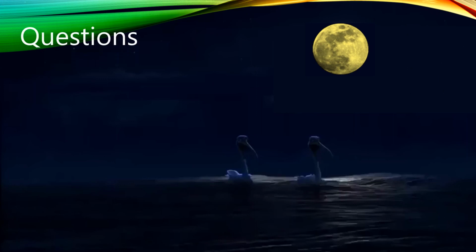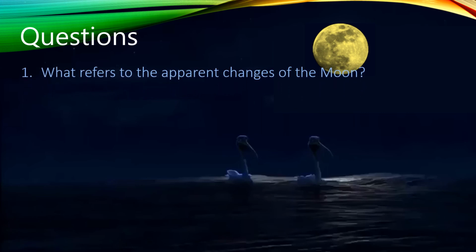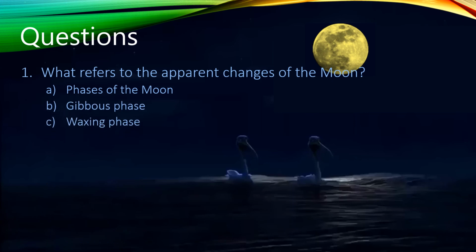Questions. What refers to the apparent changes of the moon? A. The phases of the moon. B. Gibbous phase. C. Waxing phase. And D. Crescent. The answer to this question is the phases of the moon.